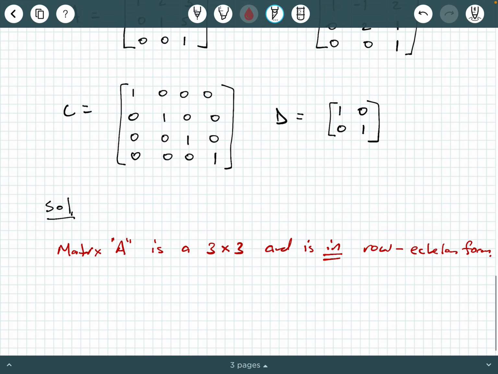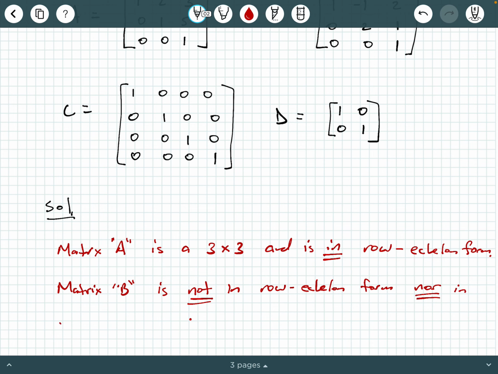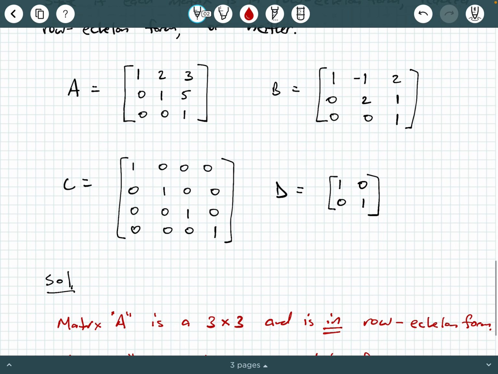Okay, what about matrix B? Matrix B is not in row echelon form, nor in reduced row echelon form. How do you know? Well, matrix B, if you look at its main diagonal, there's a 2 there.